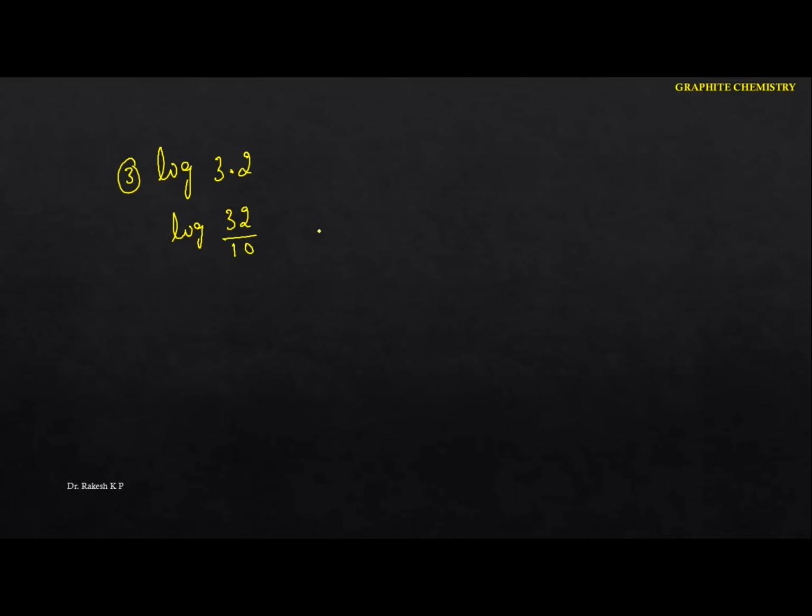So this expression I can write as log 32 minus log 10. We know the log 32 value from the previous one, we got 1.5, minus the log 10 value, which is 1. Hence we got 0.5. So this is the value of log 3.2.